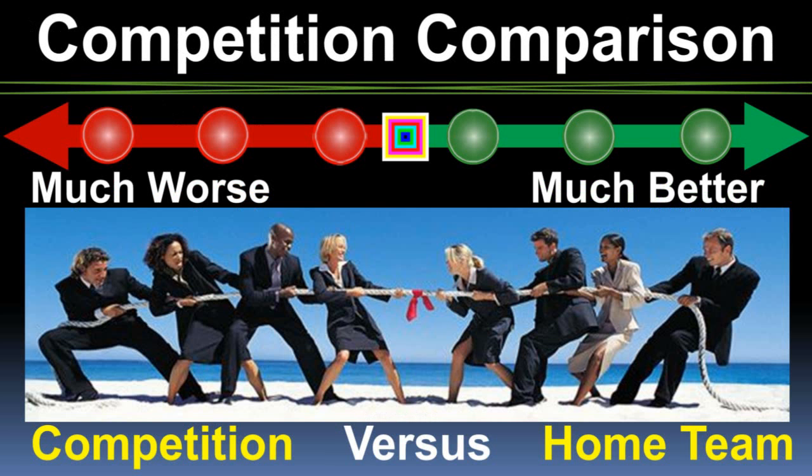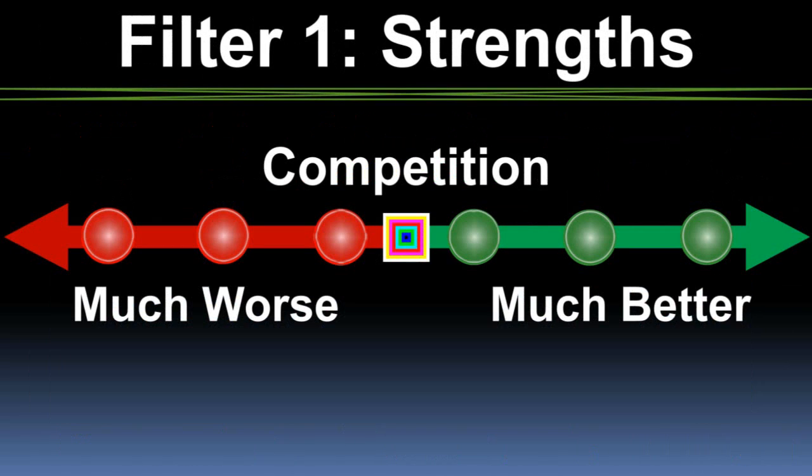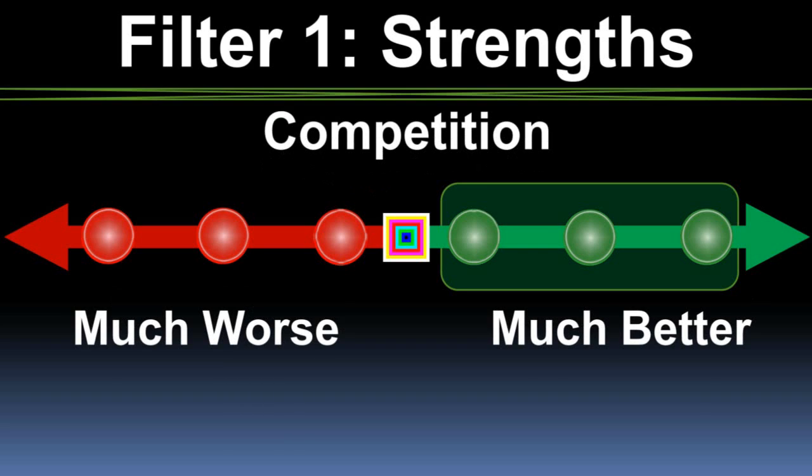Let's start out with screening statements that focus on internal strengths offered up by participants of a strategic planning exercise. The filtering mechanism is comparing the organization's strength against the perceived position of competition or similar organizations. As an example, let's assume that brand quality is opined as a strength.